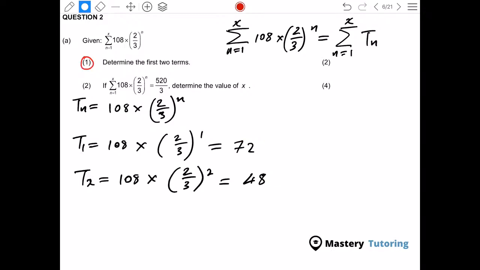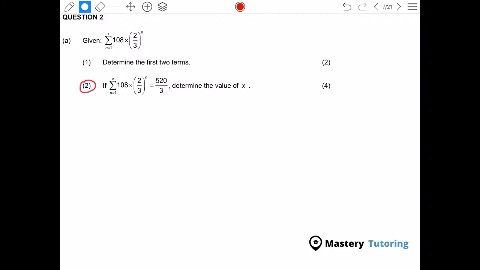Moving right along to this question here. It reads as follows: if the sigma notation with this general formula is equal to 520 over 3, we are required to determine the value of x. So we do more or less the same thing.